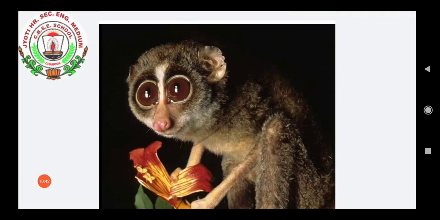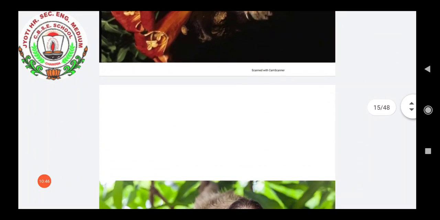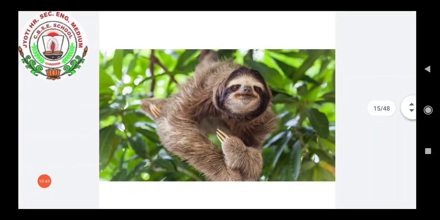Besides this, there are squirrels, bats, sloths. I'll show the picture of a sloth. This is the picture of sloths, then tree frogs and lizards are found in this forest.